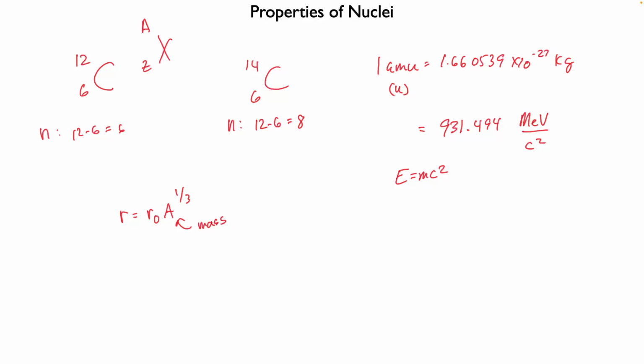I do not know why they don't use A for atomic number as a symbol. It's not my fault. But Z is the symbol for number of protons. Anyway. But you can put that mass number in there, take its cube root, and multiply by a constant, and get a little bit of an idea of how big a nucleus is going to be.